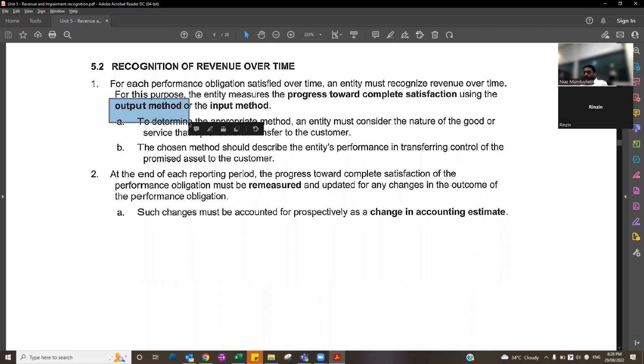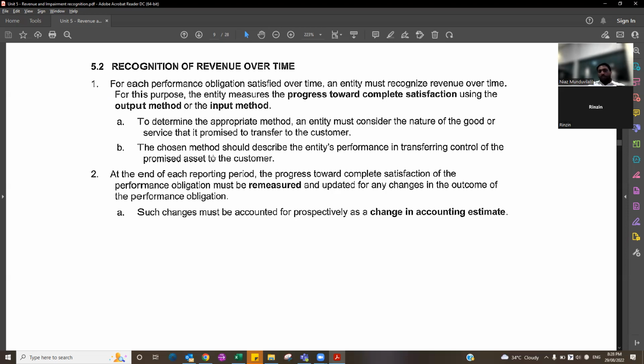If I am following the input method, for this 1 million, the cost is, for example, 800,000. So 800,000, 50% I have completed. That means 400,000. The 400,000 corresponding revenue I will recognize. Clear? We'll go into the same detail. So to determine the appropriate method, an entity must consider the nature of the goods or service that it promised to transfer to the customer.